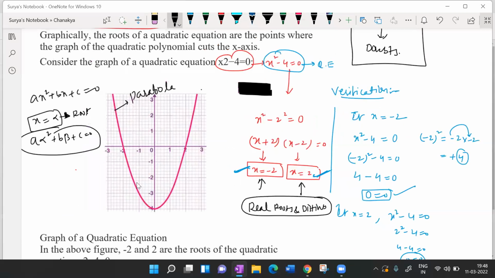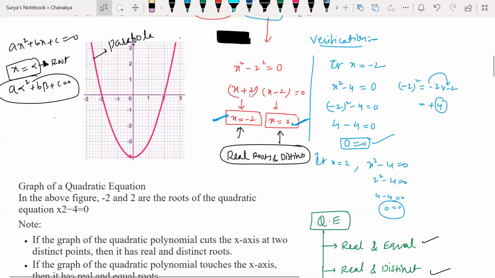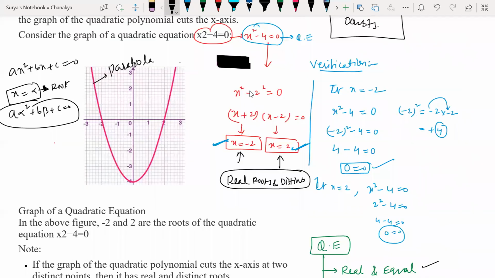Any doubts? Yes, sir. Perfect. Are you listening to the class, everyone? One doubt, sir. In the parabola also we have to find the signs for A, B, and C, no, sir? Is that in 10th class, or will it be in 11th standard? I didn't understand your question. In parabola also?